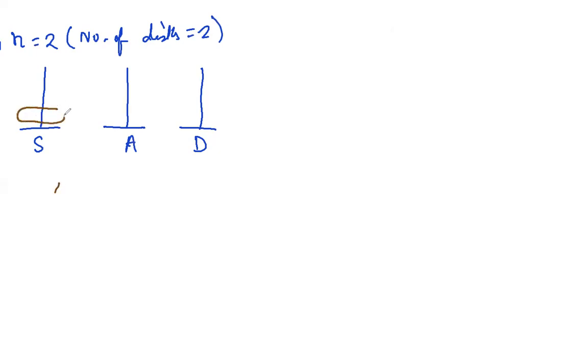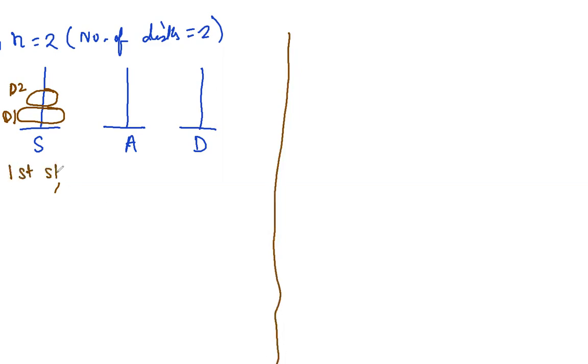This is my disk 1 and this is my disk 2. I want to move all the disks from S to D. Now what is my first step?